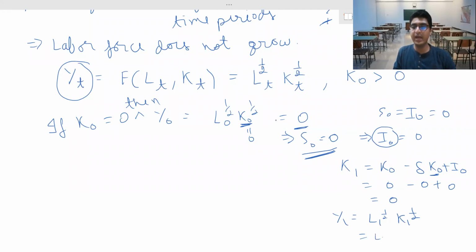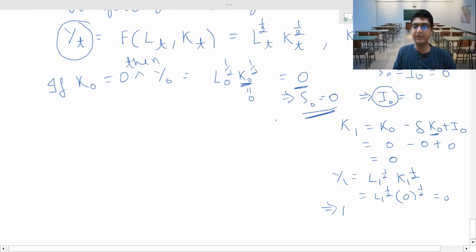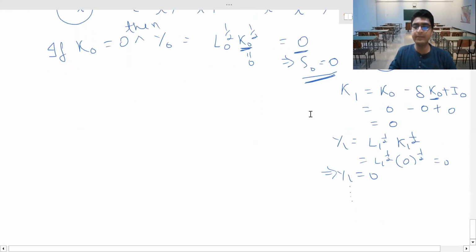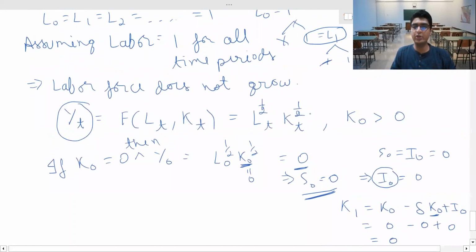So K1 is 0, so Y1 is also 0. And if Y1 is 0, then this thing will keep on happening. फिर से 0 savings, फिर से 0 investment. So Y_t in general will become 0. And there is no use of this model, right? So therefore, initially we have assumed that K0 has to be positive. अभी clear है?